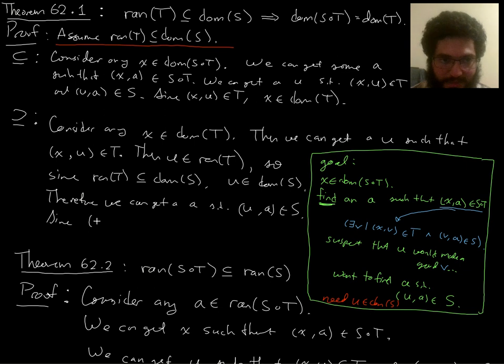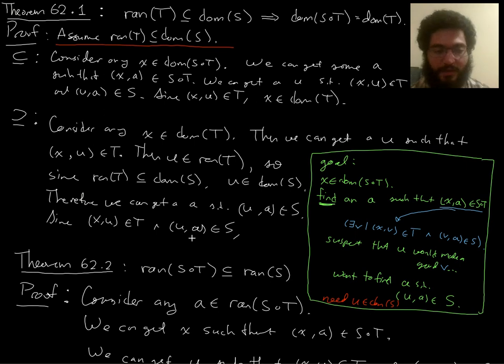Now, since XU is in T and UA is in S, we have found a middleman, U, joining X and A here. So we have met the conditions needed to have the pair XA be in the composition. We have the pair XA being in S composed with T, written in that order.